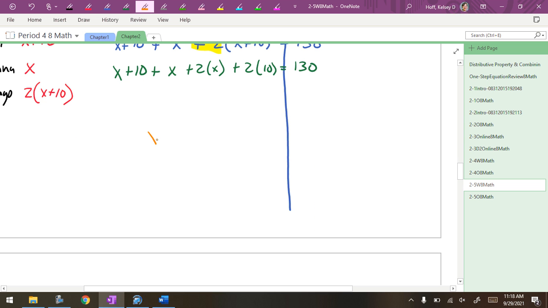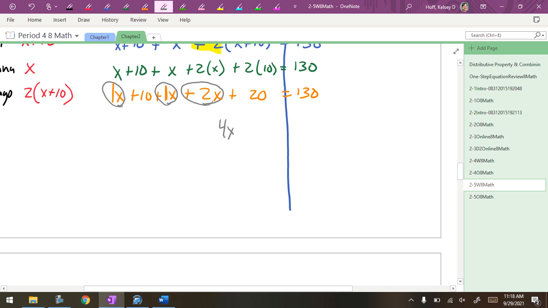Now let's actually multiply here. X plus 10 plus X plus 2X plus 20. Now I always put 1s in front of my X's just to help myself out. Now I need to combine my like terms. A 1x, a 1x, and a 2x, 4x, and then a 10 and a 20, 30.